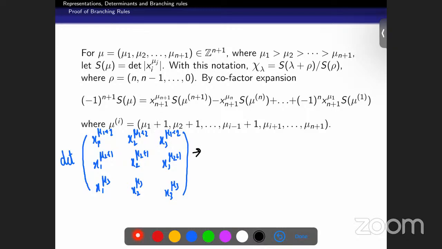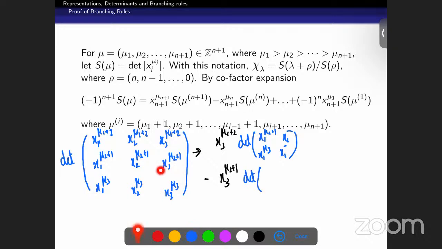Firstly, this would be like plus minus plus, right? So I'll be having x3 power mu1 plus 2, and then there would be this matrix remaining, right? Along with that, we'll be having the determinant of x1 power mu2 plus 1, x2 power the same thing, and x1 power mu3, again x2 power the same thing. Then there would be a minus x3 power mu2 plus 1 determinant.